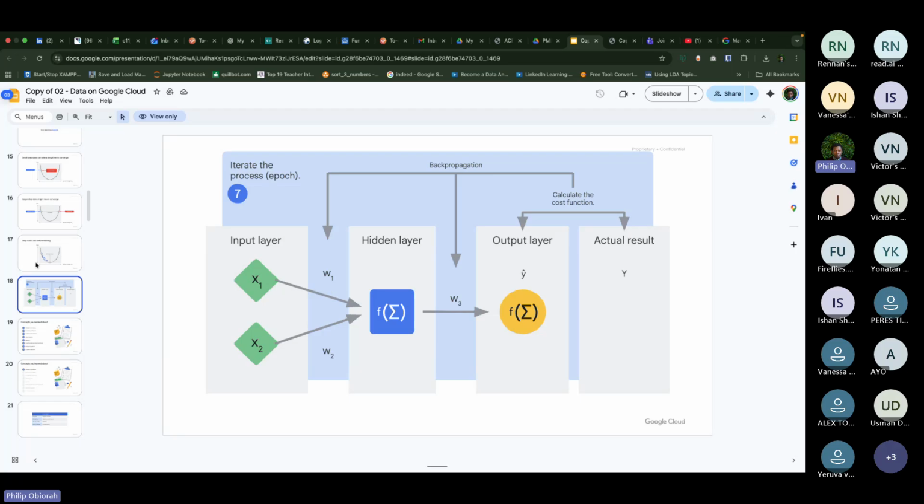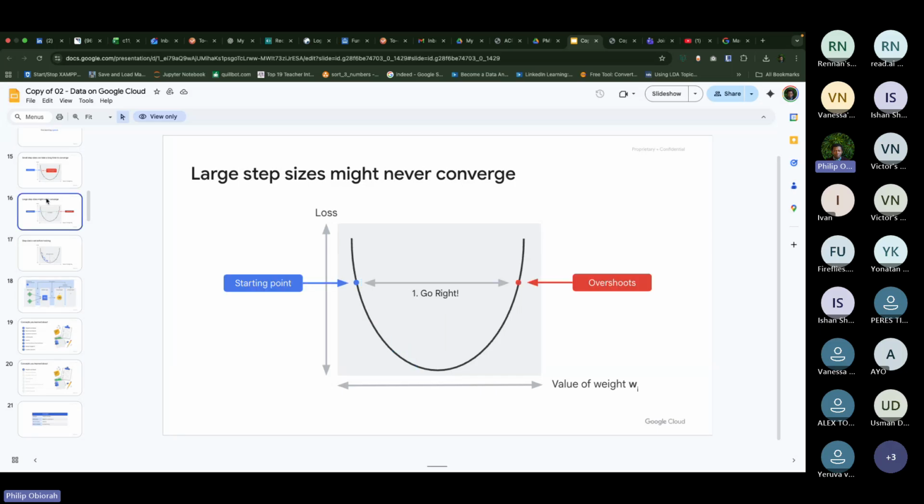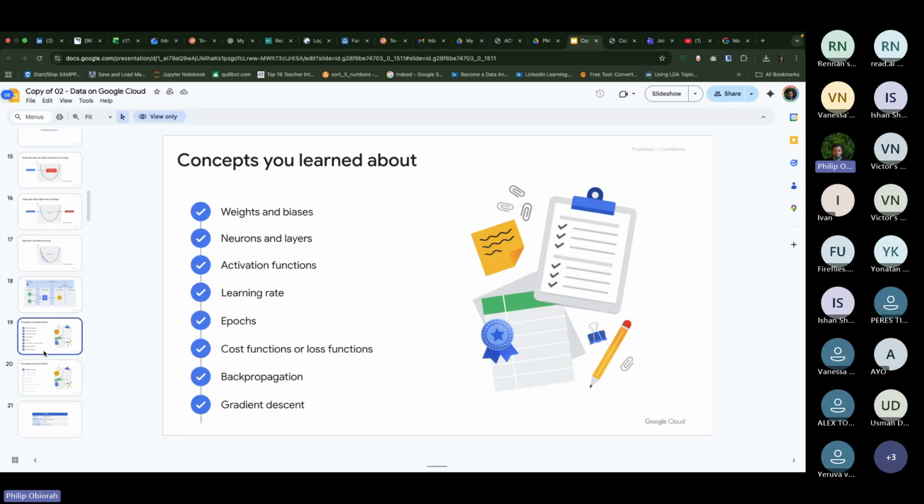And then gradient descent is the optimization strategy to be able to get to this point. So know all these concepts, because you might be seeing them in the exam.